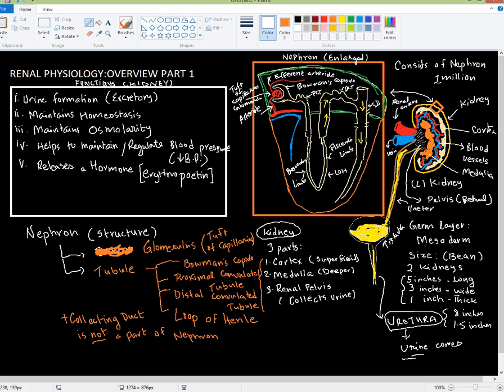It goes through mainly three different processes, and the first one is, let's change the color of this. The first one is, we call it ultrafiltration.